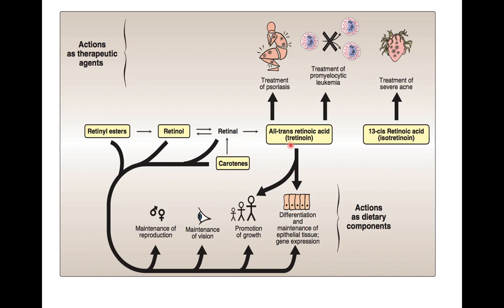If we see the other functions of vitamin A, apart from vision, retinol and retinal, which are interconvertible, have a role in maintenance of reproduction. That means they are helpful in maintenance of germline epithelium, so the gonads function.